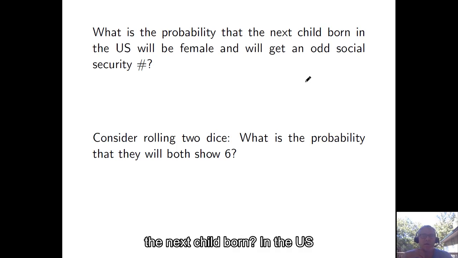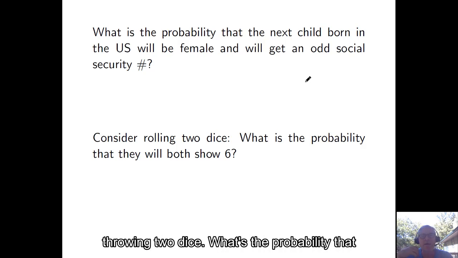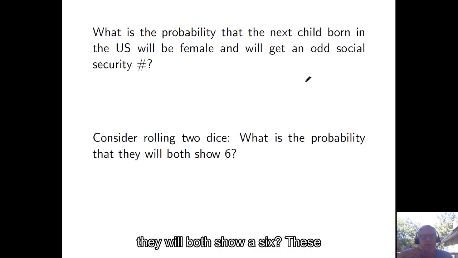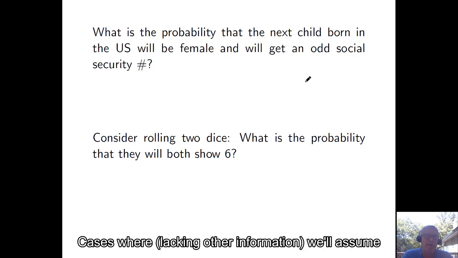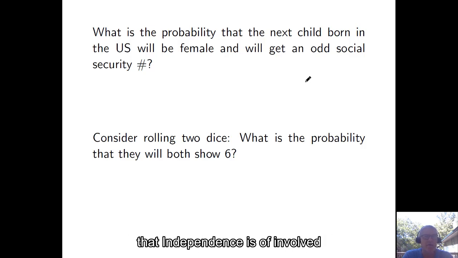So what's the probability that the next child born in the U.S. will be female and will have an odd social security number? Or consider throwing two dice. What's the probability that they will both show a 6? These might both be cases where, lacking other information, we'll assume that independence is involved between these random trials.